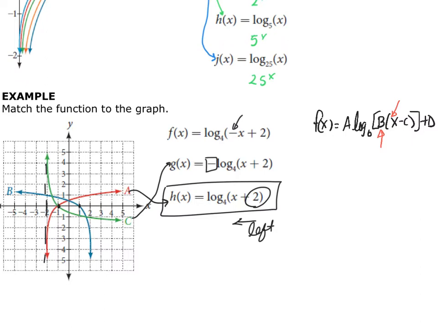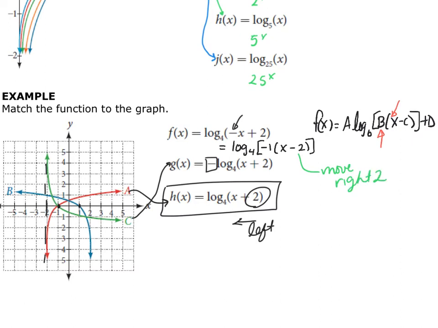If the coefficient on x is not 1, then we need to factor that out, and that is our b value. So to put this in the correct form, this is going to be equal to the log base 4 of, I'm going to factor out a negative 1, then I have a positive 1 coefficient, and then minus 2. So what really happens with that graph is that I am not moving left 2, I'm actually moving right 2.